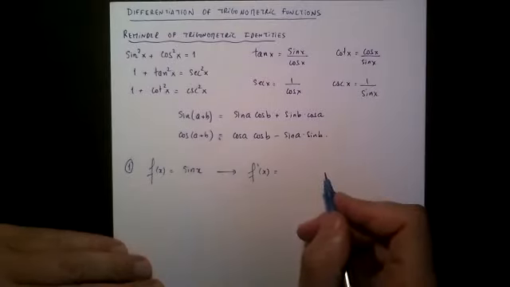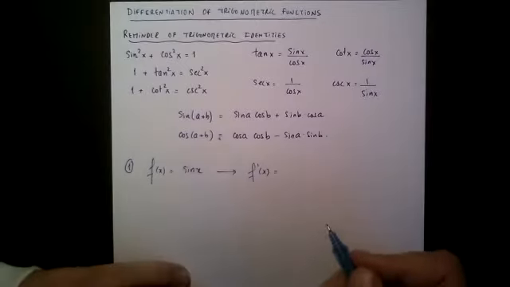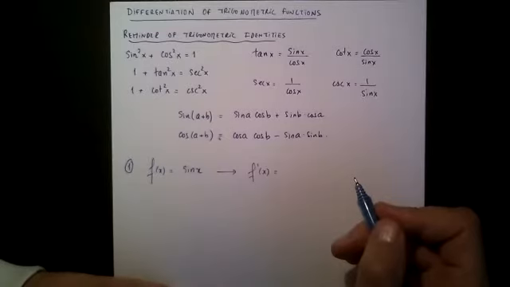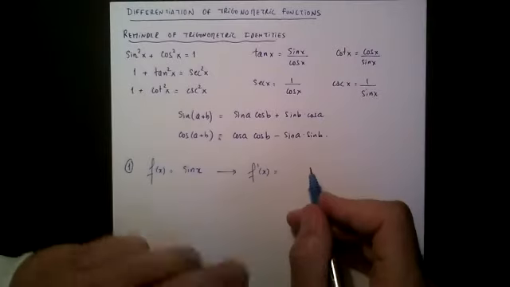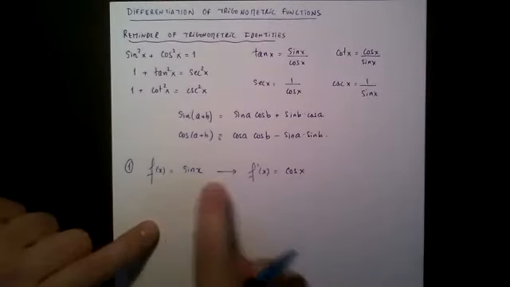Minus cos x. 1 minus cos x. Another one? Okay, so it's just cos x. The derivative of sine x is cos x.